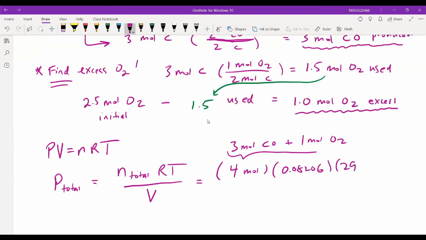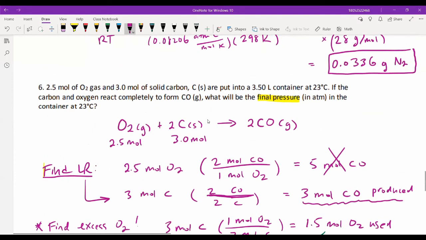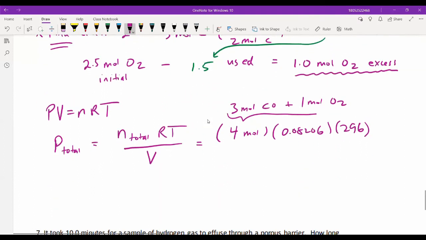So this is 296, 23 degrees, 296. And the volume is 3.5. Okay, so I got 27.8 atmospheres.